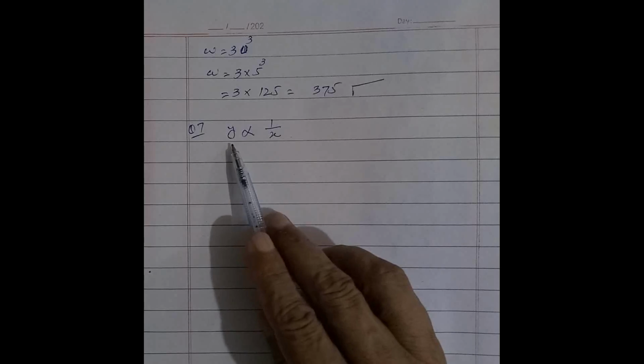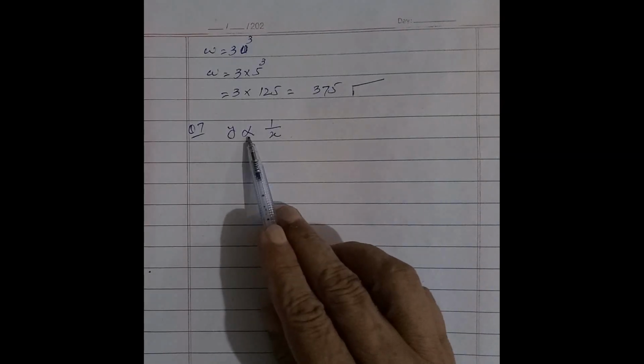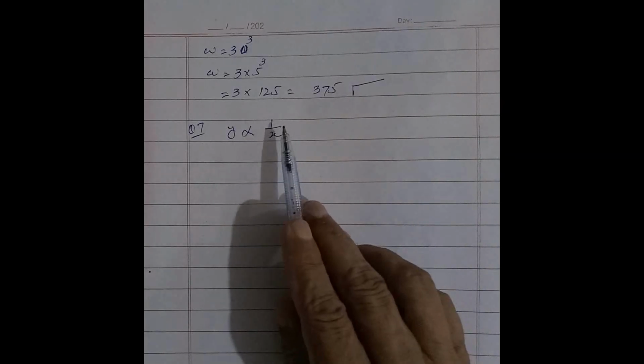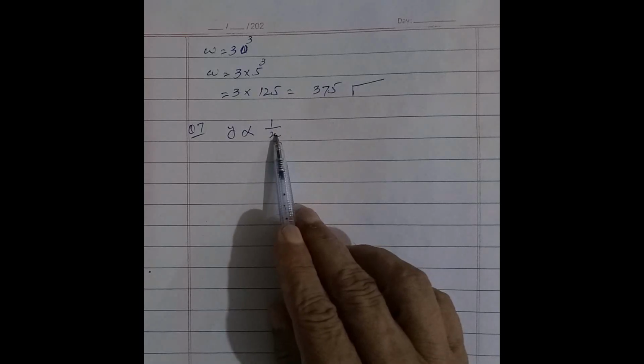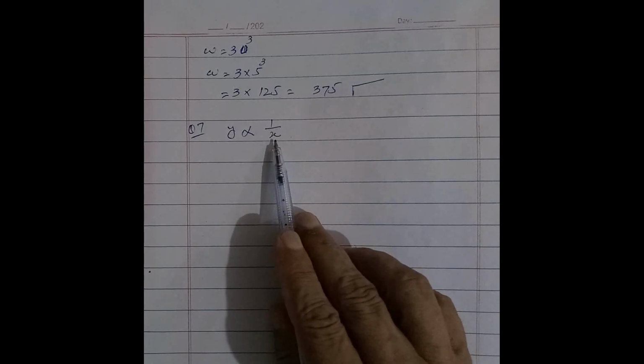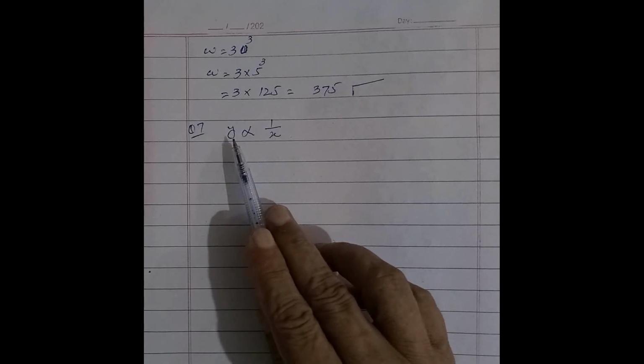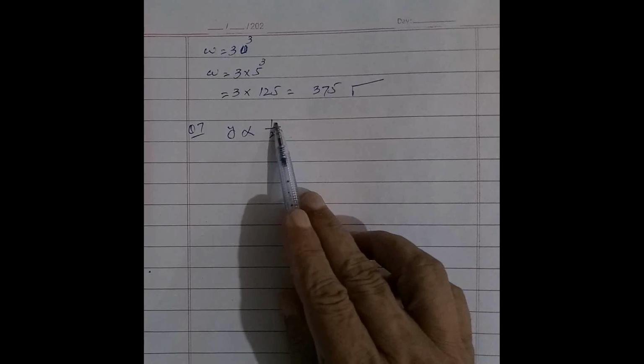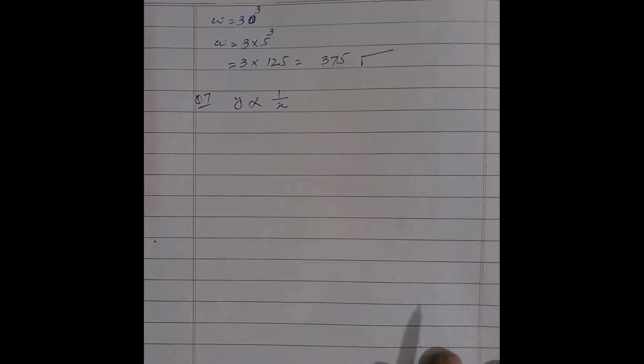Here the question says y is inversely proportional to x, so the second value, x, we write as 1 over x because it is inverse. So y is inversely proportional to 1 over x. We solve the questions the same way as direct variation.